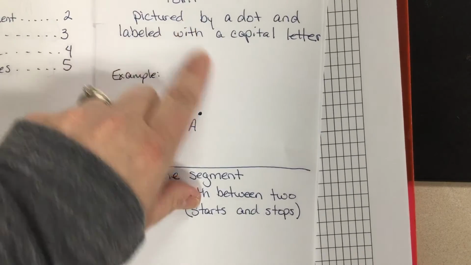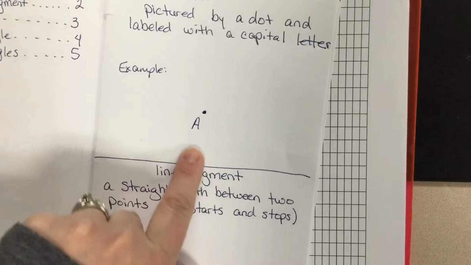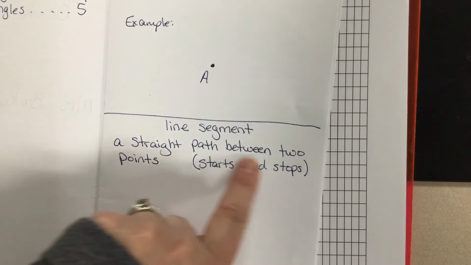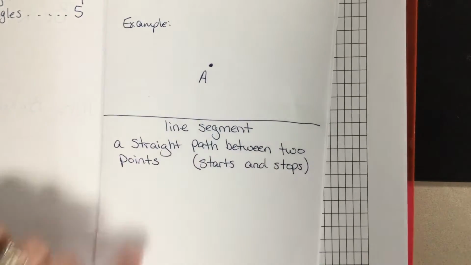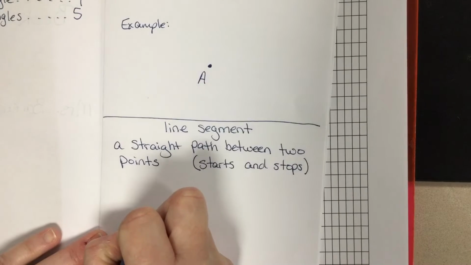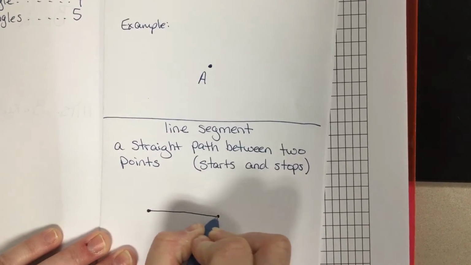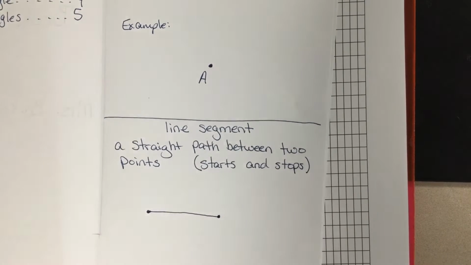So we take our point. A point is a dot that has a capital letter. A line segment is a straight path between 2 points. So I have a point, and I have a point, and I connect them with a straight path. So it starts and it stops. It starts at a point, it stops at a point.